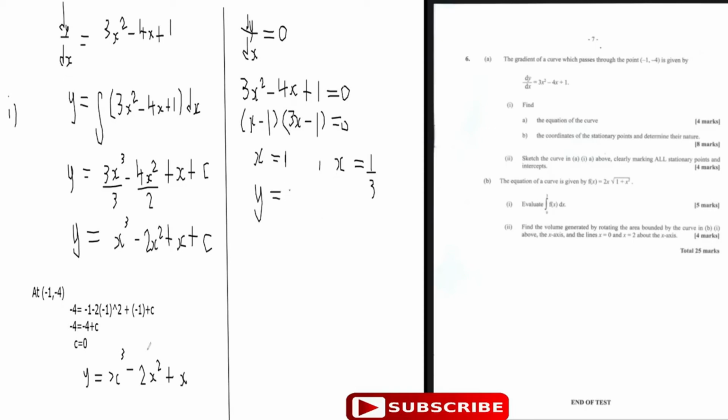Then we'll put in 1 over 3. We're going to have 1 over 3 cubed minus 2 times 1 over 3 squared plus 1 over 3. And that's 4 over 27. So this is giving us y is 4 over 27. So those are the two stationary points.